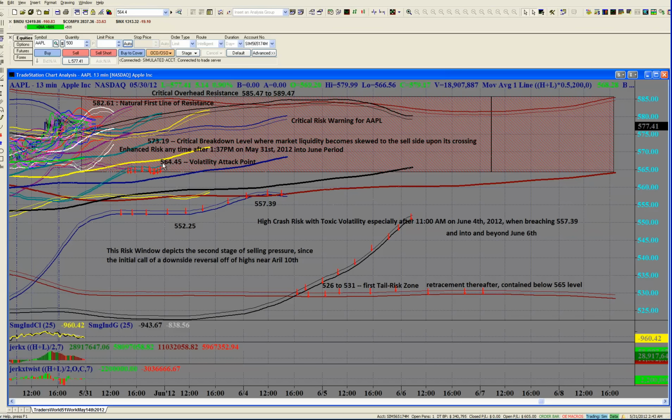And the danger of such a point is that it opens up an initial down move to the 552.25 to 557.39 area.